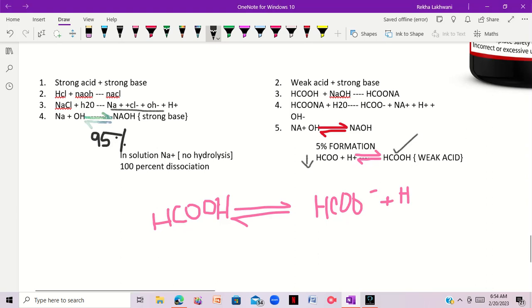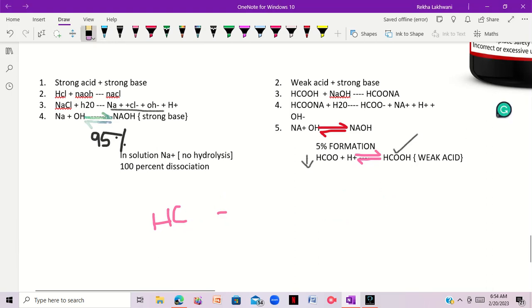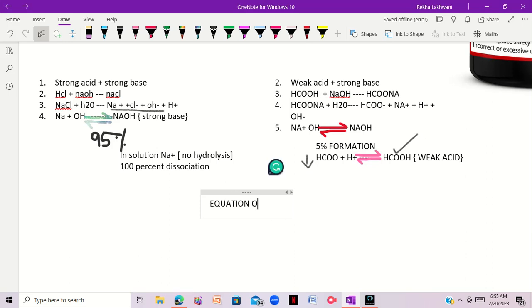So let's write the equation of hydrolysis. Let me move over this for you. Let's write the equation of hydrolysis, right?